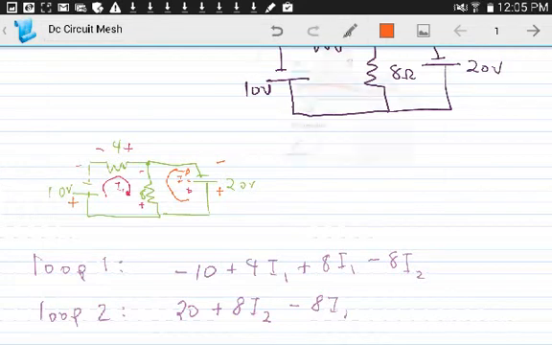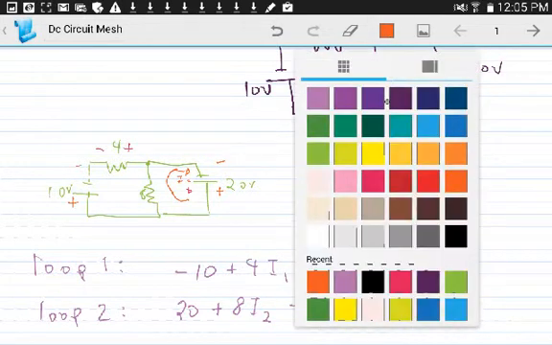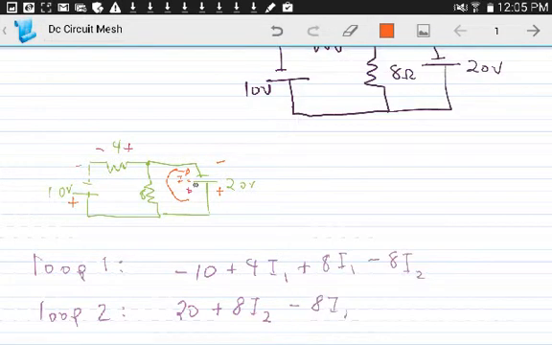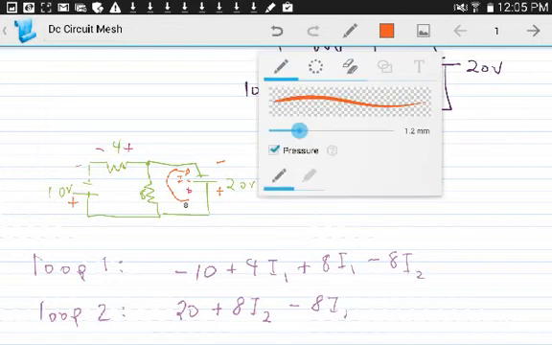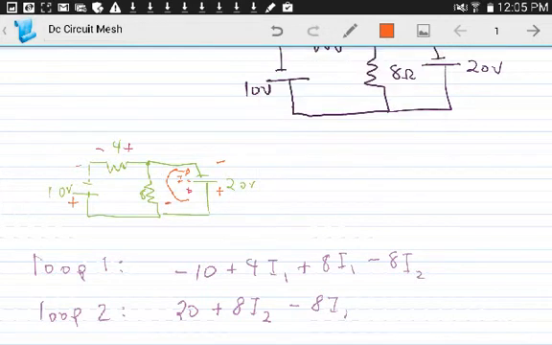Now if we go to loop 2, we assigned entering negative, leaving positive. There's only one element in that loop, so now we can get the equation.